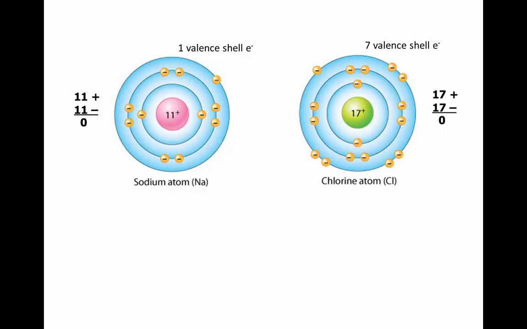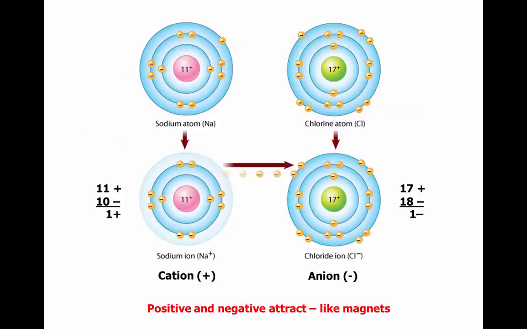again not stable. So in order for these 2 atoms to achieve stability, sodium will donate its 1 lone valence shell electron to chlorine. Now sodium's valence shell is full at 8, as is chlorine's, having received the 1 electron it needed. We now say these atoms are ions.